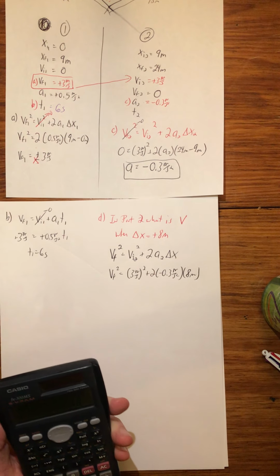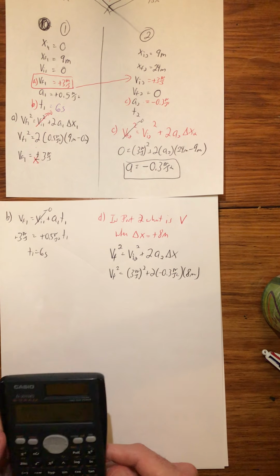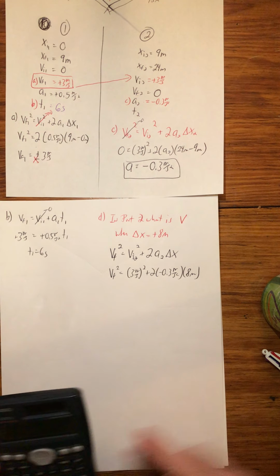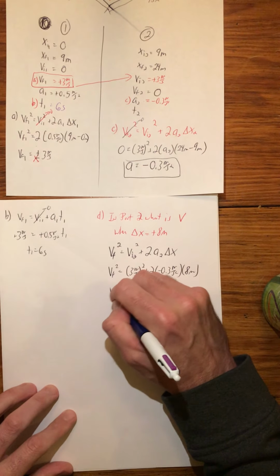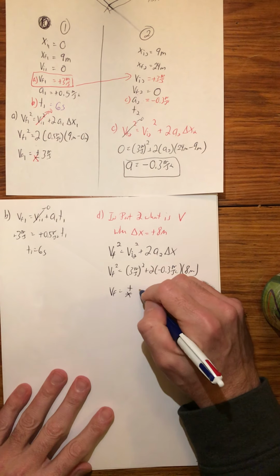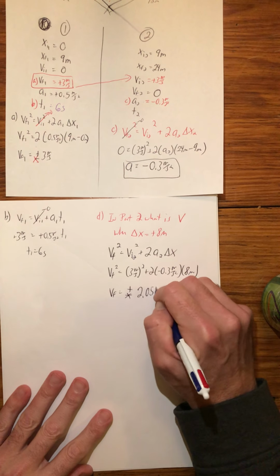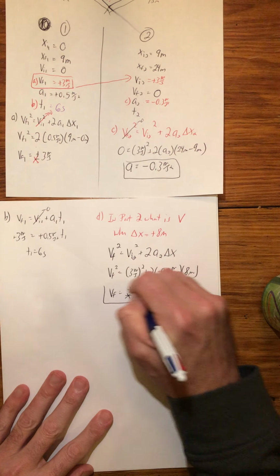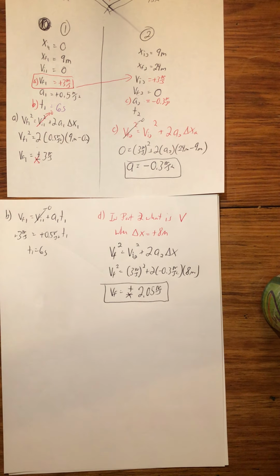Okay, great. And then 9, and then square root of 4.2, right? And I've got VF is equal to plus or minus, reject the minus because we know this thing is going up the incline, and this is 2.05 meters per second. That makes sense because it's less than 3, and it's greater than 0. It's going in the right direction, and there you have it, right?